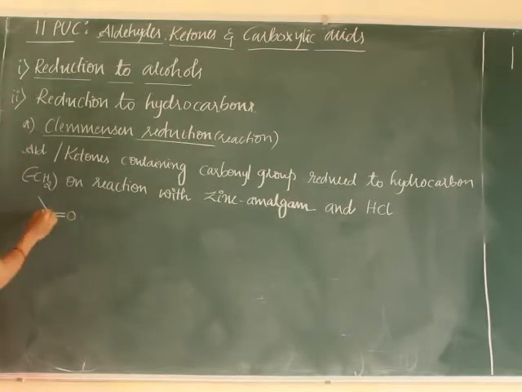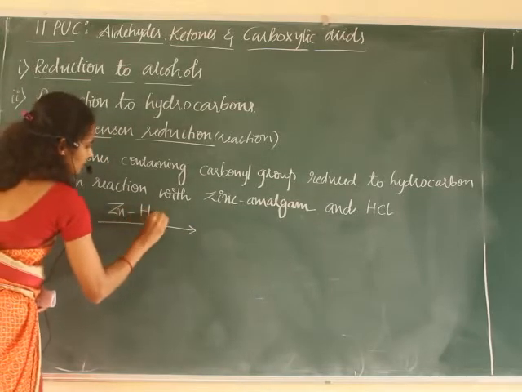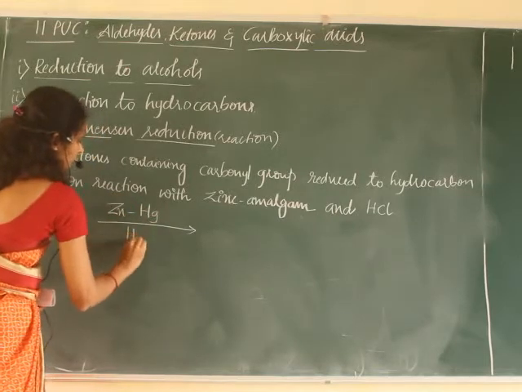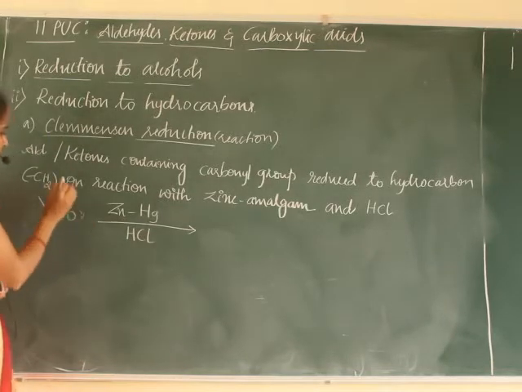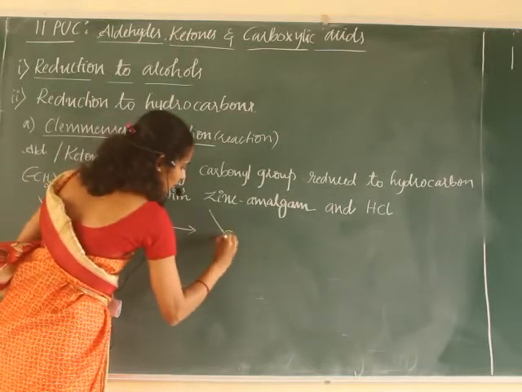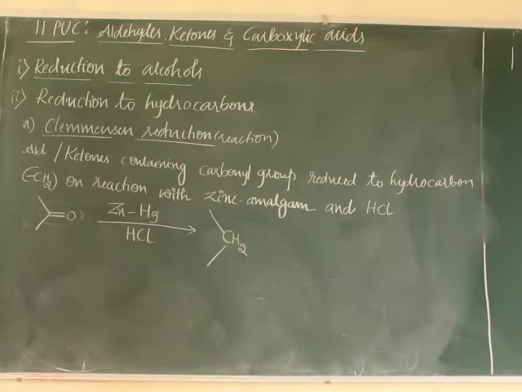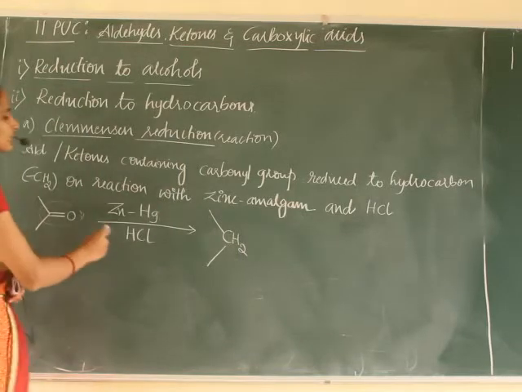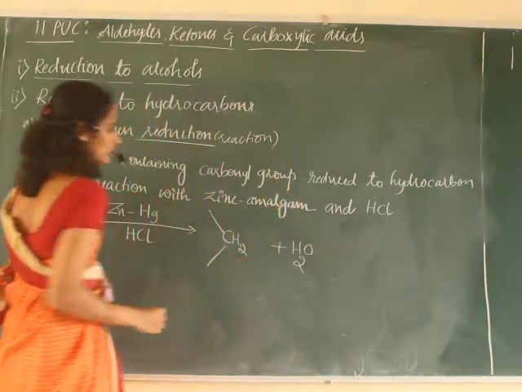A ketone having a C double bond O group, the carbonyl group, on reaction with zinc amalgam, ZnHg, and hydrochloric acid, this carbonyl group will reduce to a CH2 group. The byproduct is water.